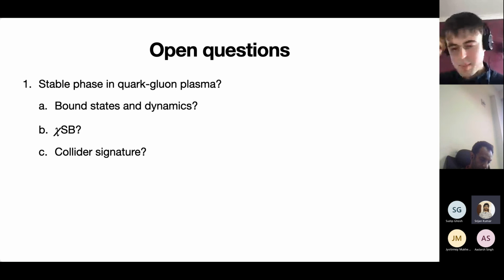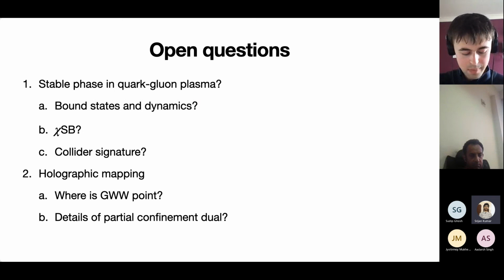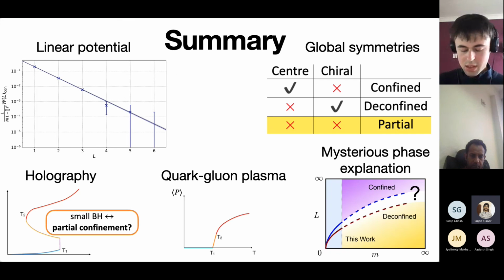What would the bound states and dynamics of QCD and the quark gluon plasma look like in this case? Does the partial phase coincide with chiral symmetry breaking? And what would be its signature in a collider? And questions in holography. So what are the precise details of the mapping between the partial phase and the holographic geometry? And where is the Gross-Witten-Wadia point? Okay, so that's all I had to say. Thank you very much for listening.